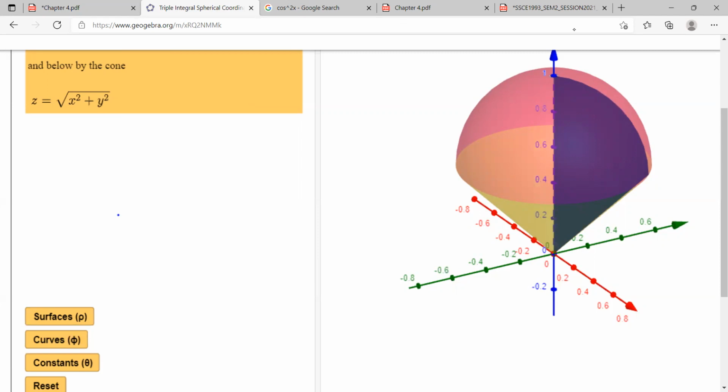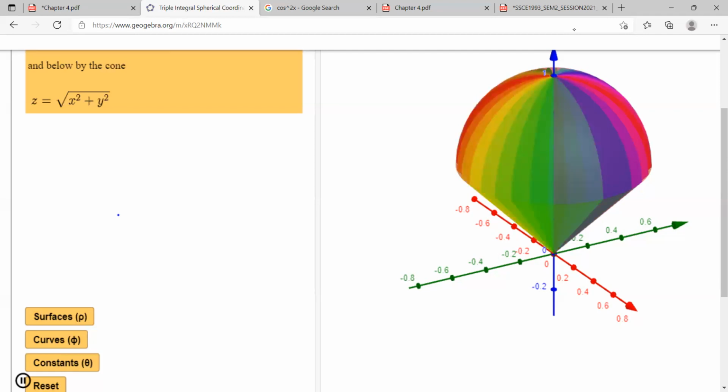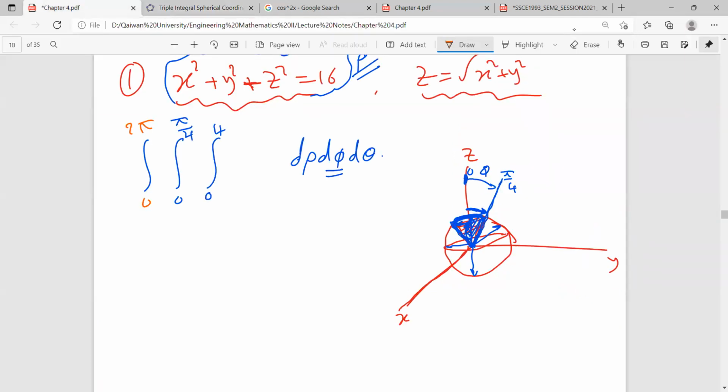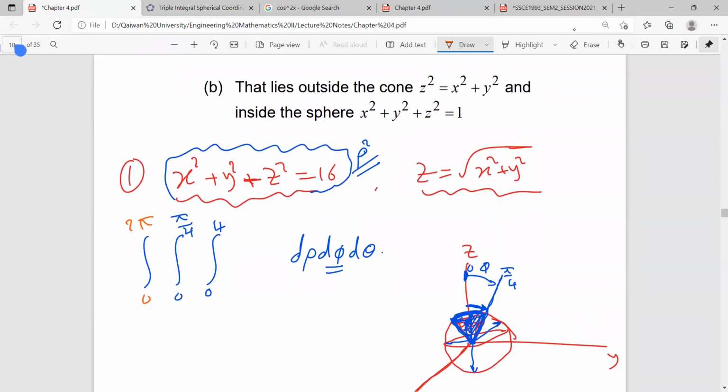This angle is 45 degrees, that means from 0 to 45, and 45 is pi over 4. So phi is from 0 to pi over 4. And theta is the rounded one, from there to there, which is 360 degrees, which is 2 pi. That means phi is from 0 to pi over 4, and theta is from 0 to 2 pi. But here, as I said before, we must multiply it all by rho squared sine phi.